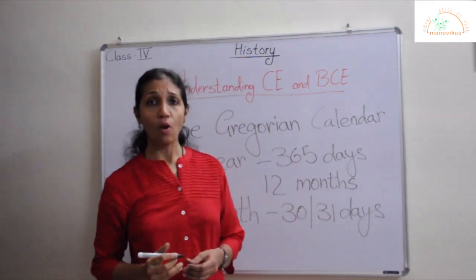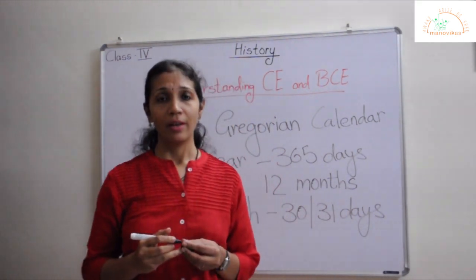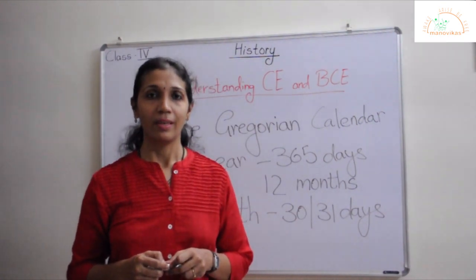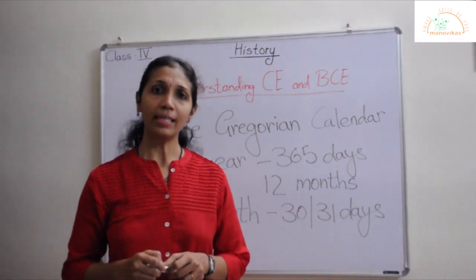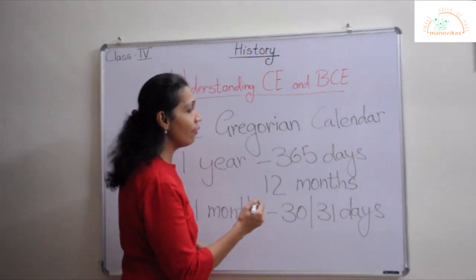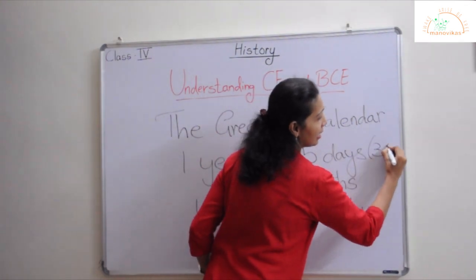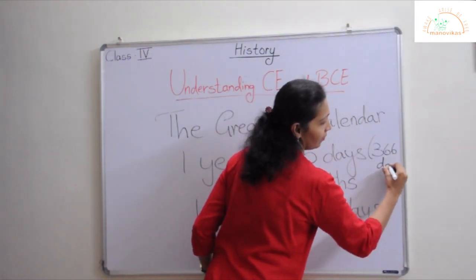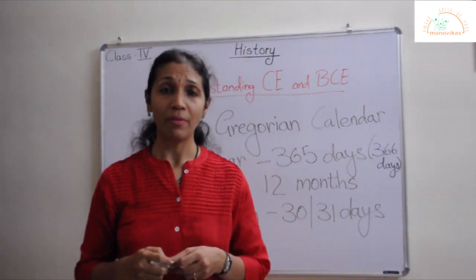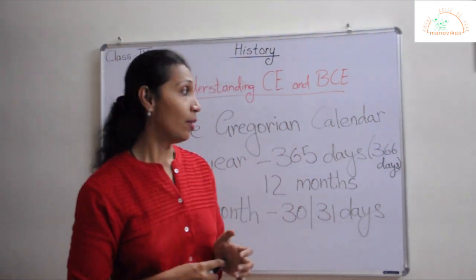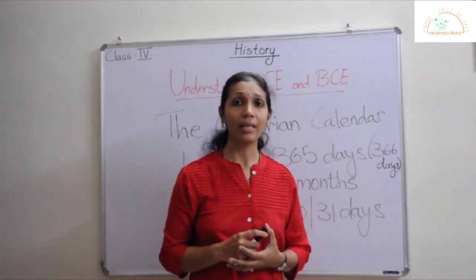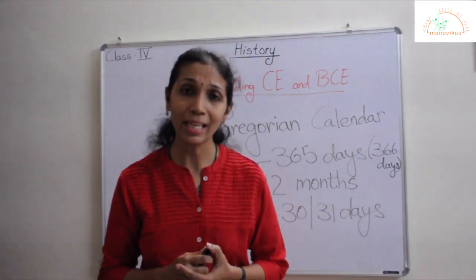The second month of the year, that is February, has 28 days. Every fourth year is a leap year. In a leap year, we have 366 days. That is, in the month of Feb, we don't have 28 days. We have 29 days. So in a leap year, in the month of Feb, we have 29 days.